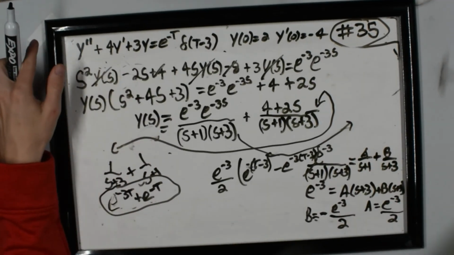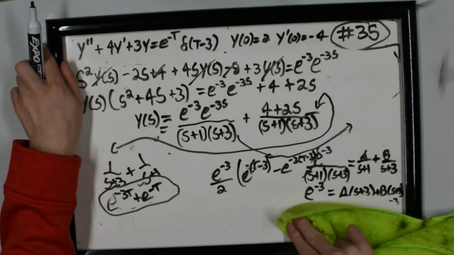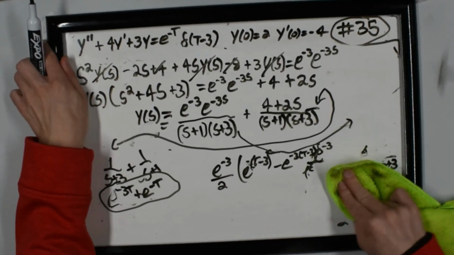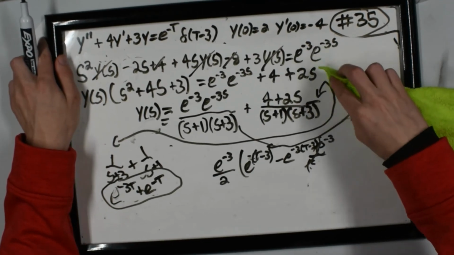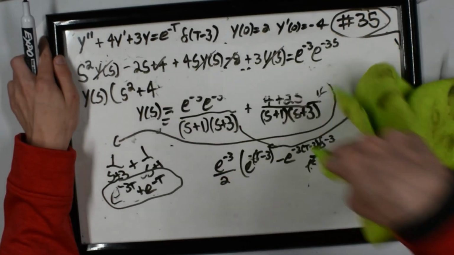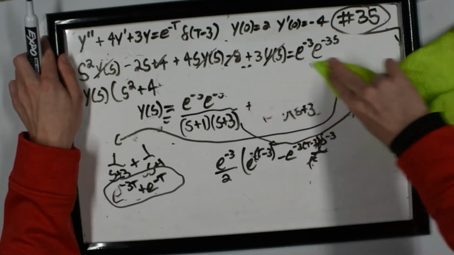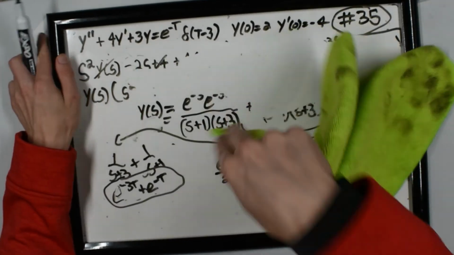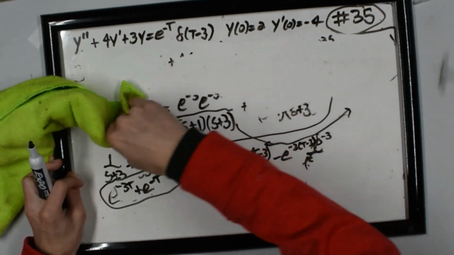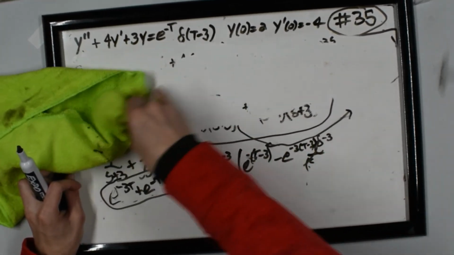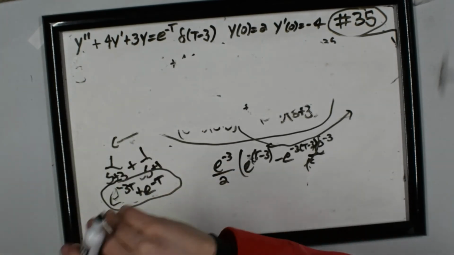So now that we have the two inverse Laplace transforms, we actually just combine these together to find the initial value. So I'm going to erase this up here to give us some room to write it. And that should be plenty.